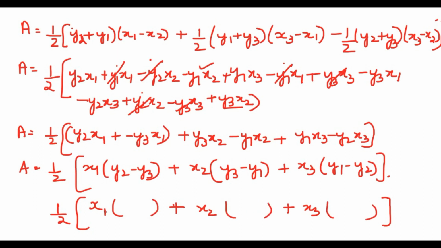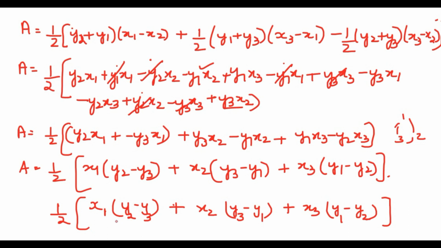I have written y, it will be minus y, you can write like this, and y will be inside the bracket. Now 1 I have written, so this will be 2, 3. Again 2 I have written, so this will be 3, 1. Again 3 I have written, this will be 1, 2. That is 1, 2, 3. This order. If you are in 2, then 3, 1. If you are in 3, then 1, 2. That cyclic order you can remember.